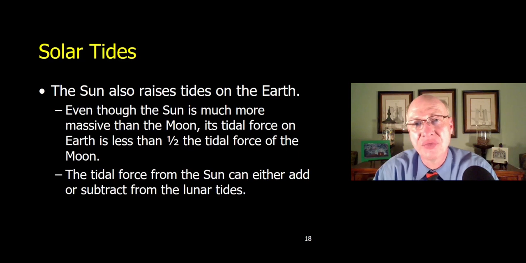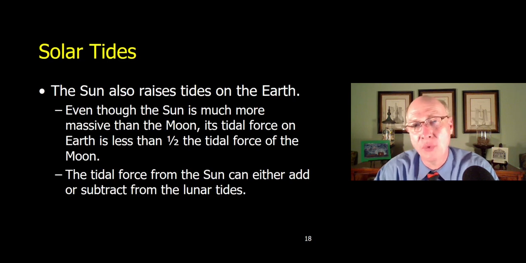So although the sun is a lot more massive than the moon, its tides are about half the tidal force of the moon. That is, the sun raises tides on Earth as well. It's just that those tides are only half the force of the tides that we get from the moon.